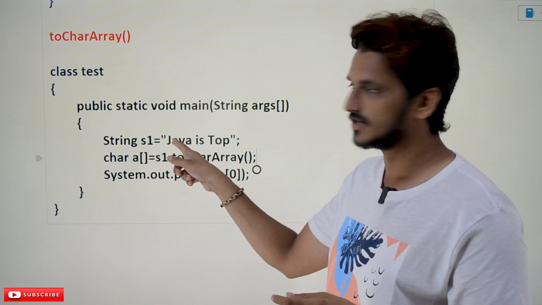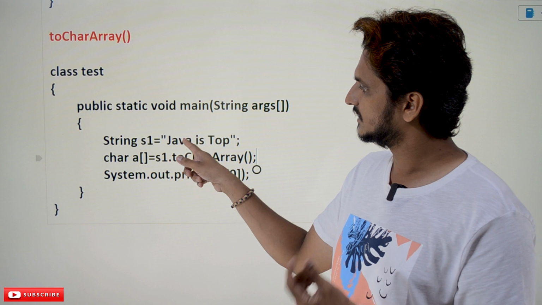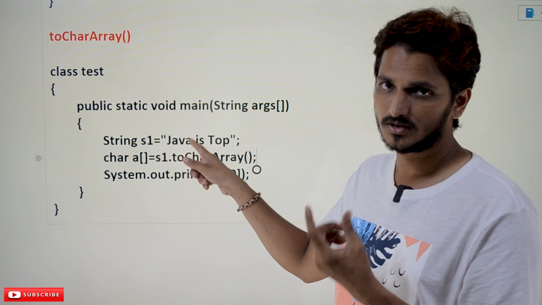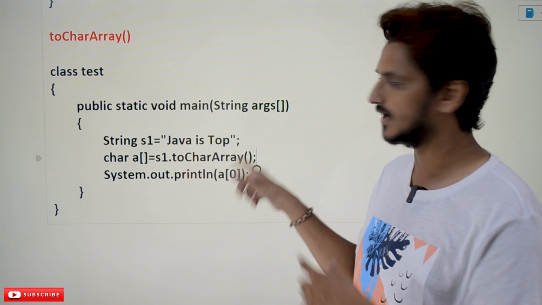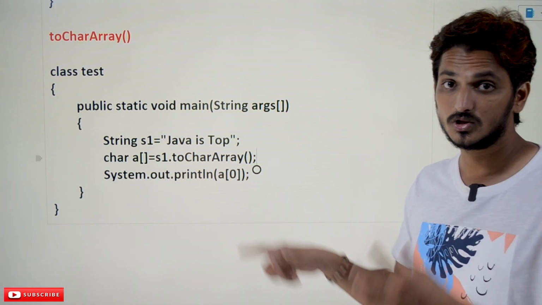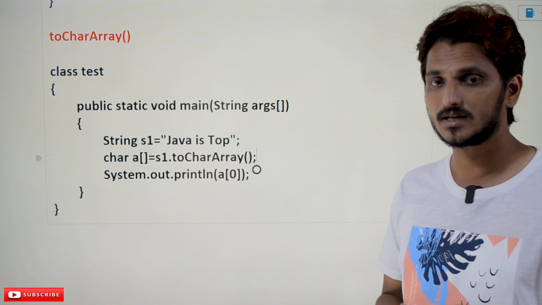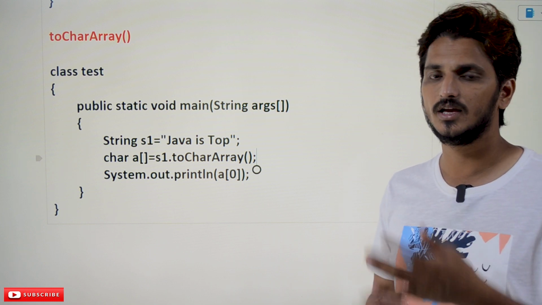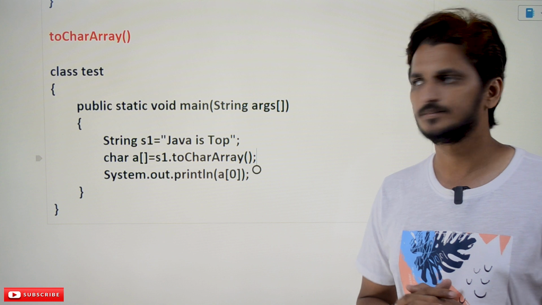Means the first character is placed in the 0th position, second character in the first position, second position, third position, like that. If you display System.out.println(A[0]), what's the character present in the 0th position? J. It is going to display J.